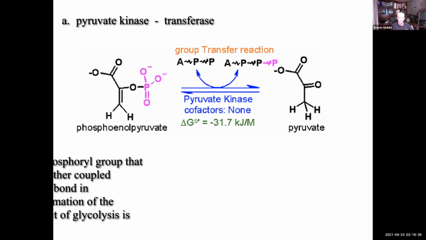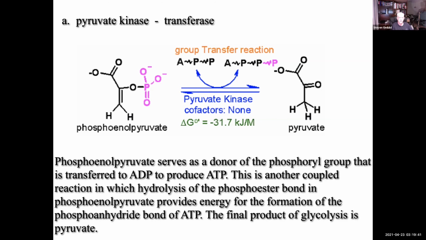Okay, like I said, I can't draw here. So phosphoenolpyruvate serves as a donor of the phosphoryl group that is transferred to ADP to produce ATP. So you're producing ATP in this reaction. Okay, this is another coupled reaction in which hydrolysis of the phosphoester bond in the phosphoenolpyruvate provides energy for the formation of the phosphoanhydride bond of ATP.